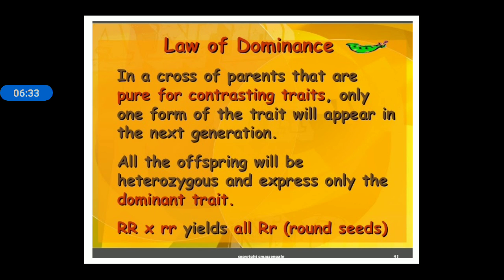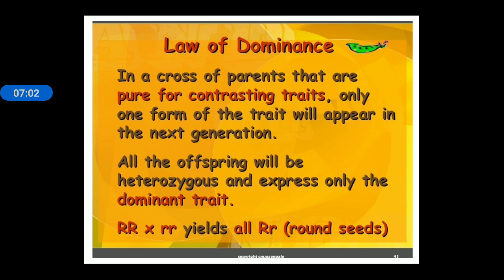Next, the law of dominance. Mendel proposed three laws, and the first law is known as the law of dominance. What is dominance? In simple language, when a gene or an allele expresses itself and the other gene does not express itself in a pair, it is known as the dominant character.